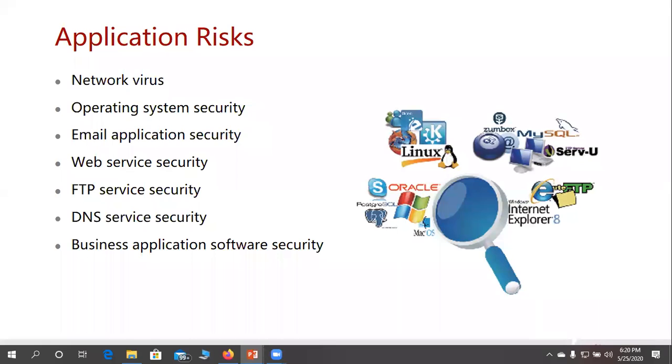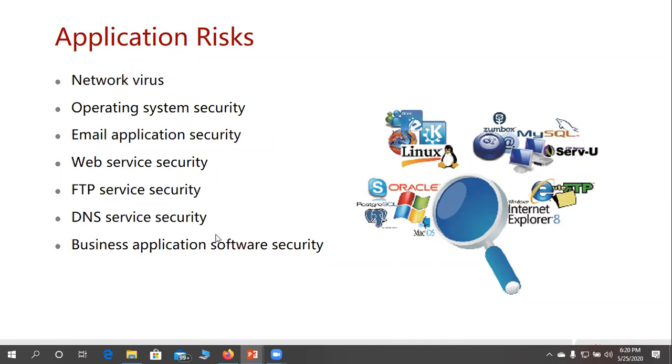We have to make sure that the operating system is up to date. Email application security: here we make sure that we have email filters. Web server security, service security, FTP service security, DNS service security.